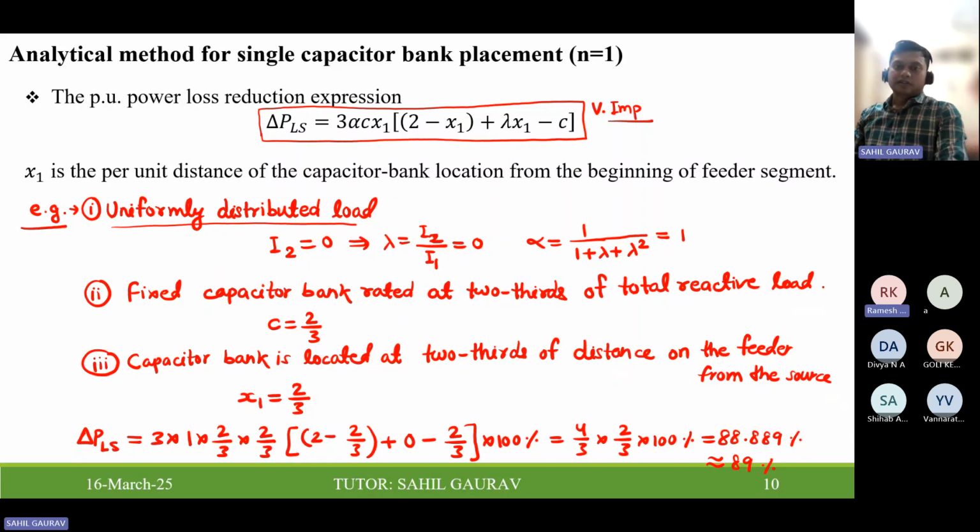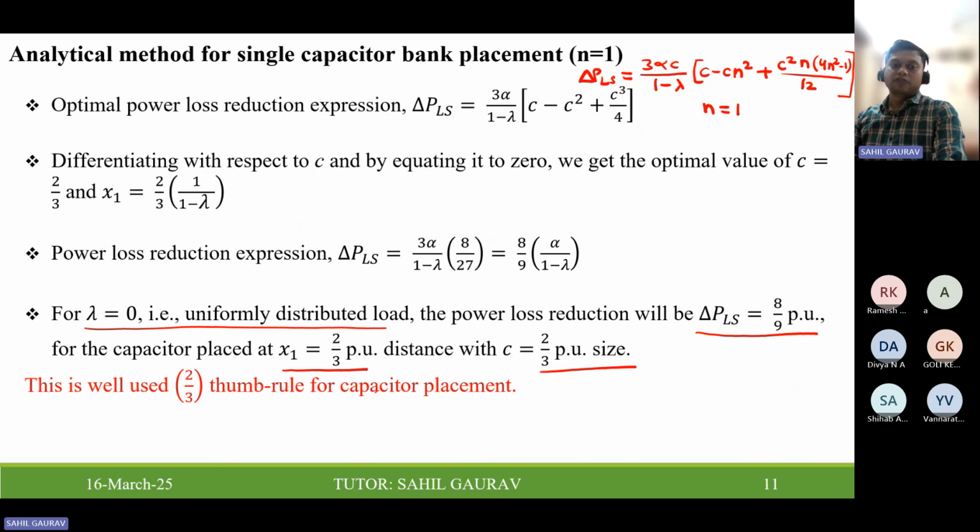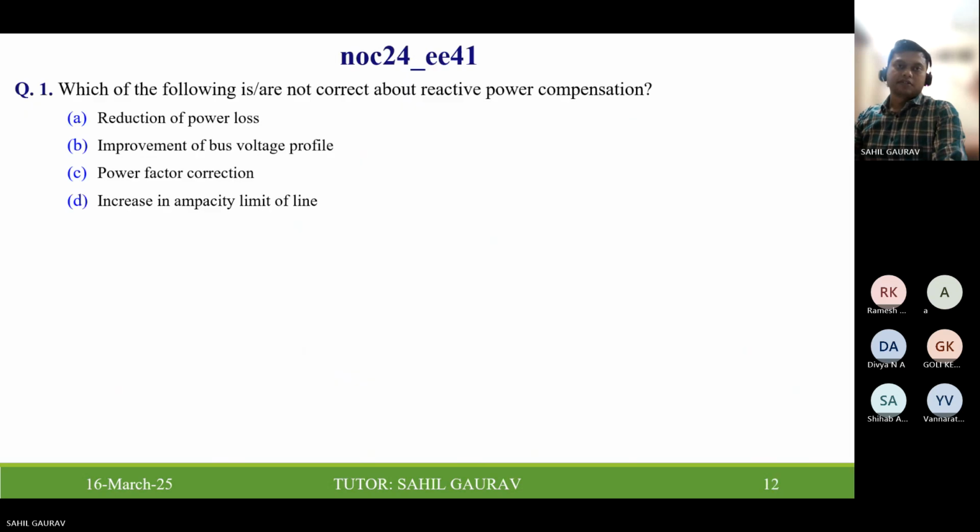In this case only, maximum power loss reduction is happening. In the other case, the power loss reduction is happening less. Correct. This is the calculation basis actually.